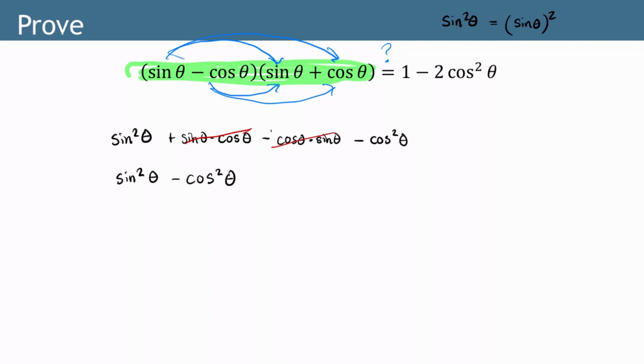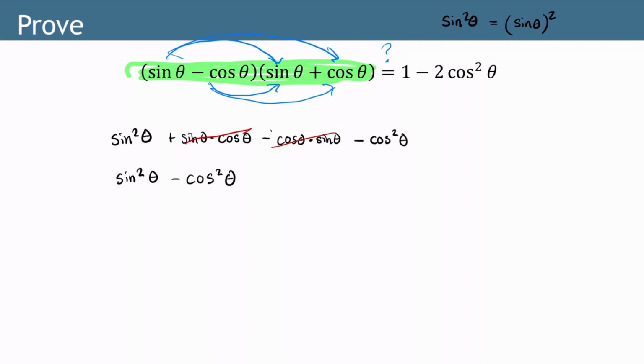Oh, that's nice. Still doesn't look like the right-hand side. It's close. Now, I do notice that I need to end with a cosine squared. So I should probably leave that alone because that's already getting me close. Notice there's no sine squared over here. So in other words, I need to get rid of this somehow.